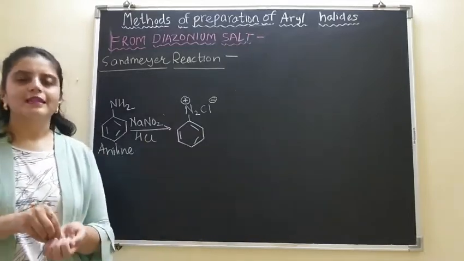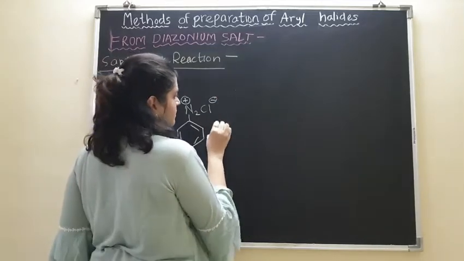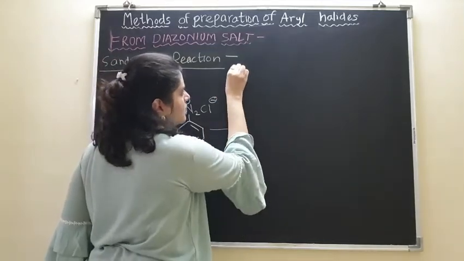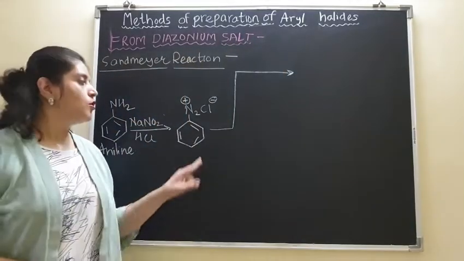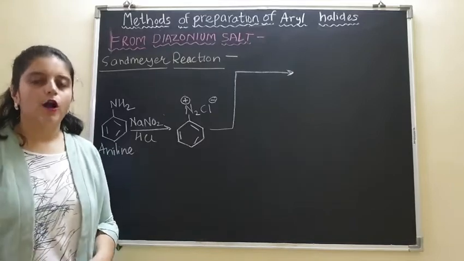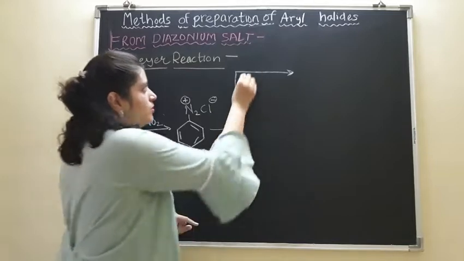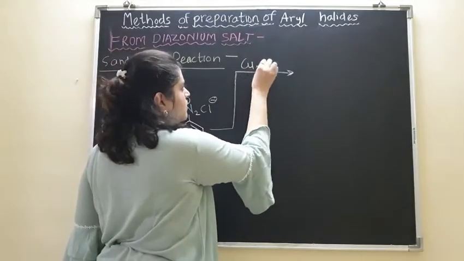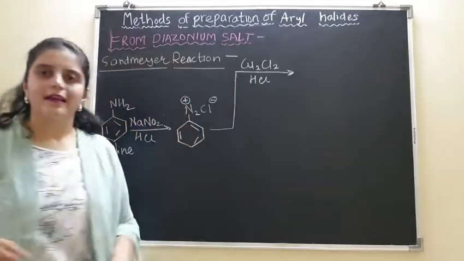So now let us see each preparation one by one. To prepare chlorobenzene with this diazonium salt, we have to use Cu2Cl2 with HCl.